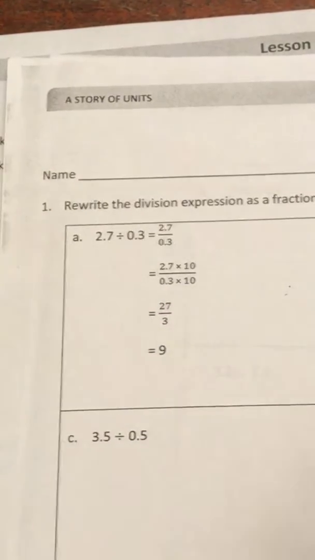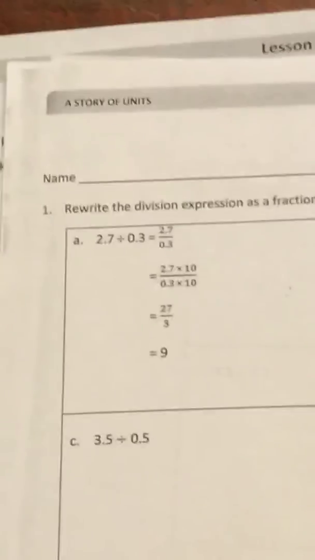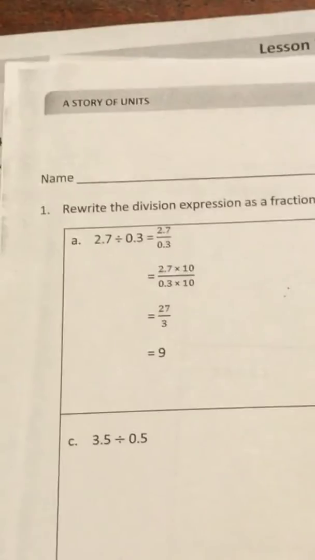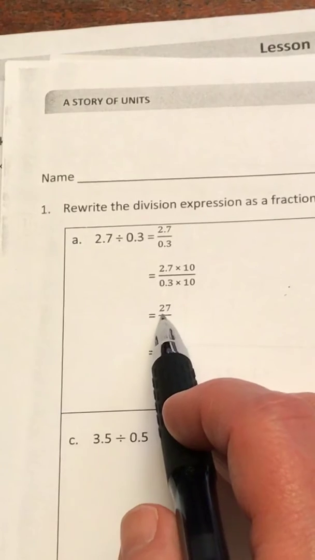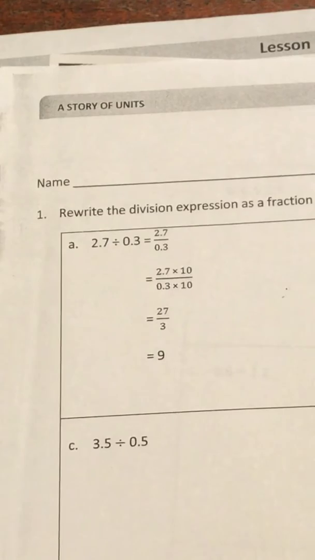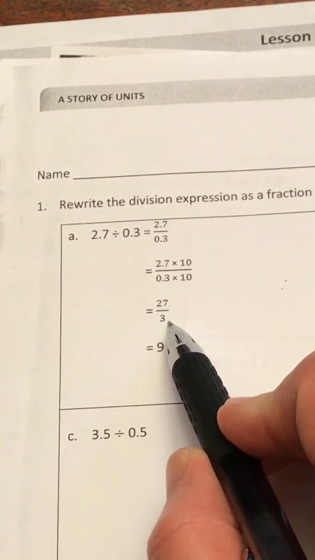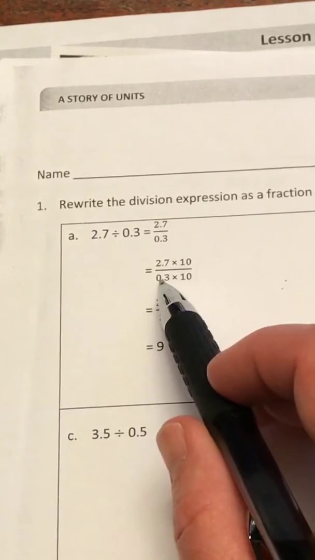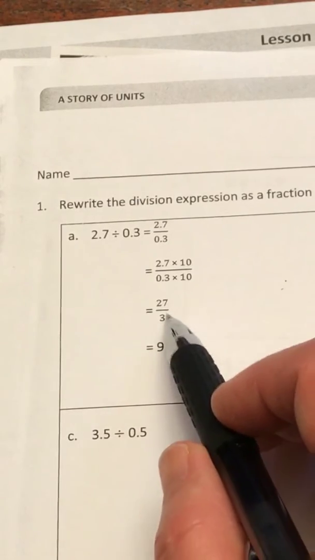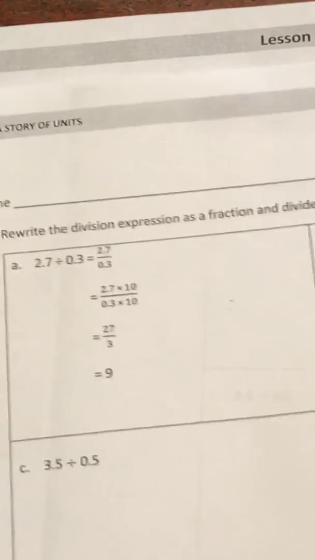So when we have 2 7/10 times 10, I would put that on my place value chart, and I would move it over one place, meaning I'd multiply it by 10, and my decimal goes to the end, which gives me just the whole number 27. And while the numerator is important, what we really want is a whole number here on this denominator. So since it was 3/10, I multiplied by 10, and now I just have 3. That gives me an improper fraction, and when I do the division, I get 9.